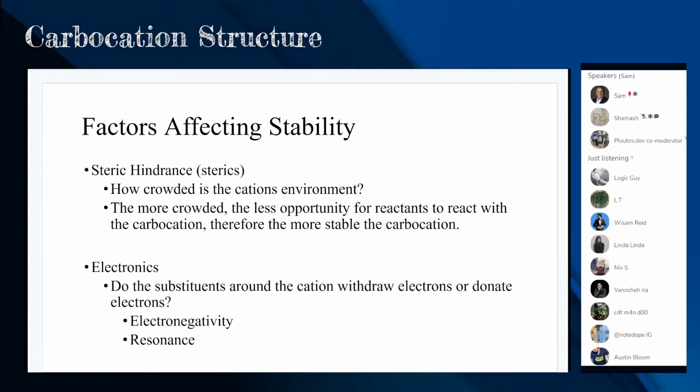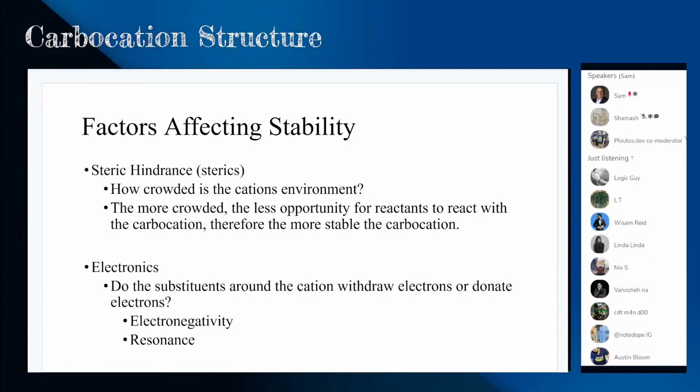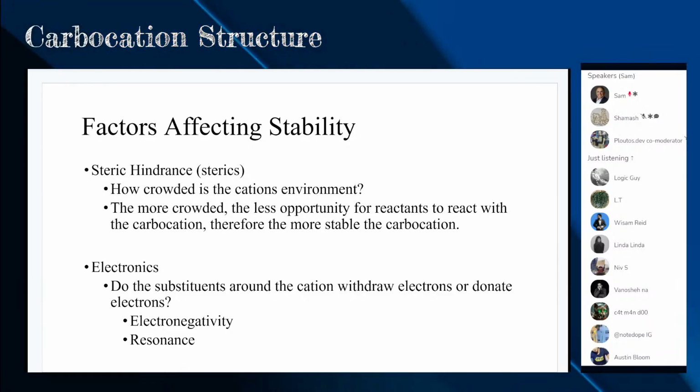So increasing the concentration is a way of overcoming steric hindrance, if sterics is an issue for you. So the rate limiting, right?